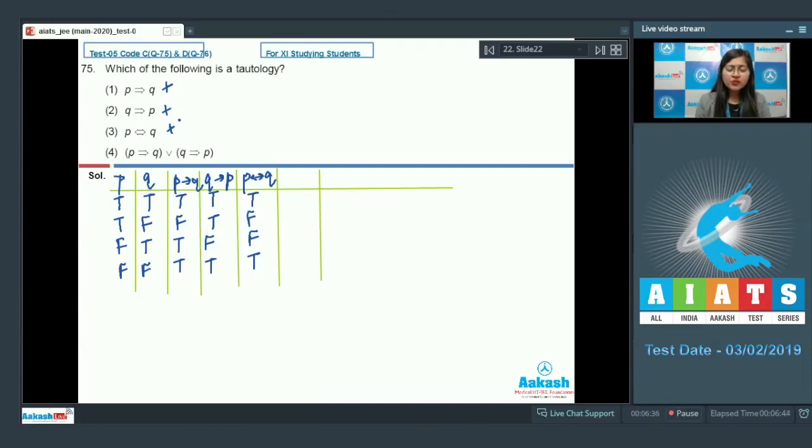So let us now check the fourth option, which says P implies Q or Q implies P. That is, we have or between these and these. So this will be T, T, T, T. So this is a tautology. So the correct answer will be option number 4.